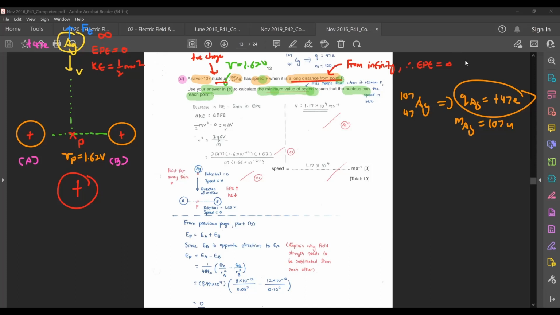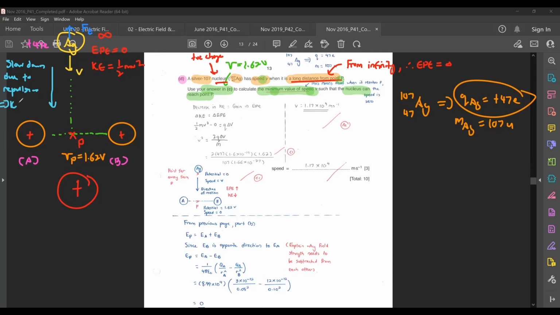As you're going from here to here, you will slow down due to repulsion.